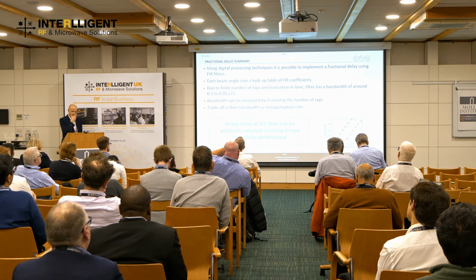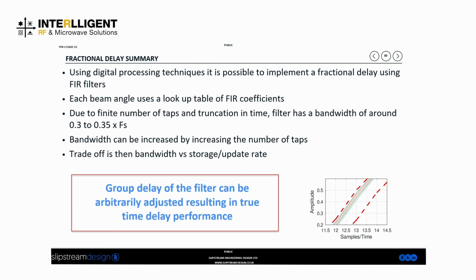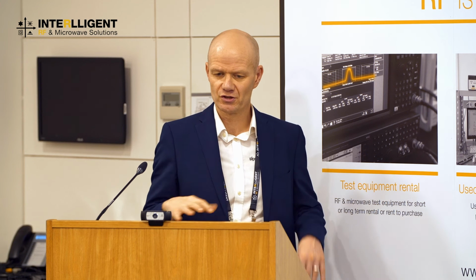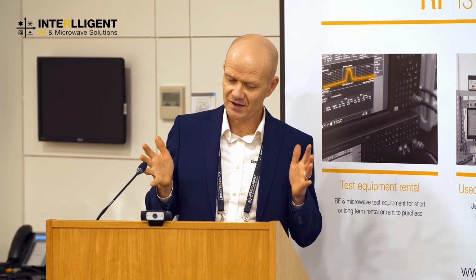The summary of the fractional delay part is that by using digital processing techniques, it's possible to implement this using FIR filters, and each beam angle, crucially, has its own set of FIR coefficients, finite impulse response coefficients. It has a finite bandwidth due to the truncation of the FIR filter in a discrete system, but we can typically achieve up to about 0.3 of the sample rate.